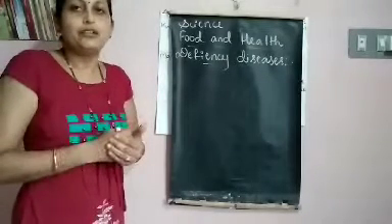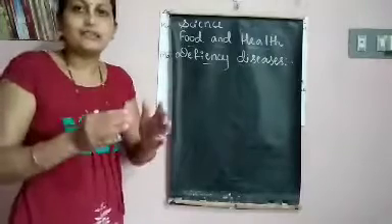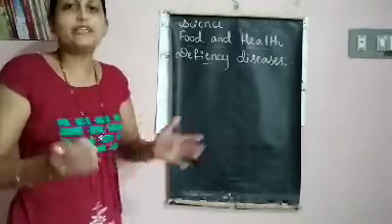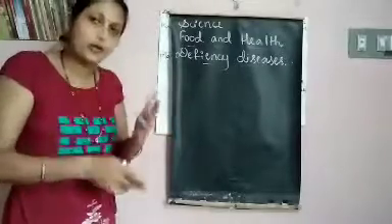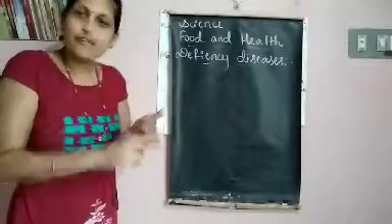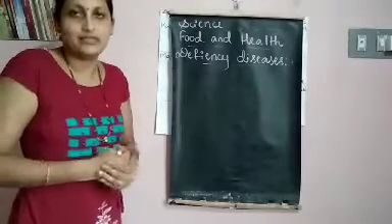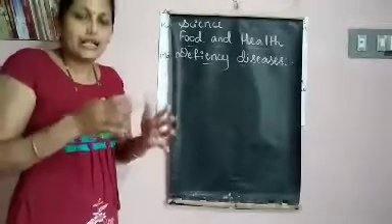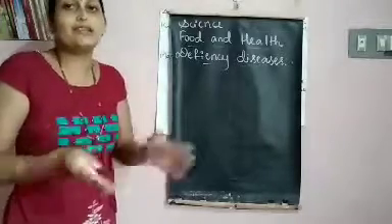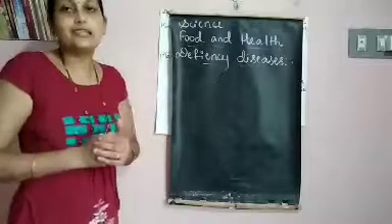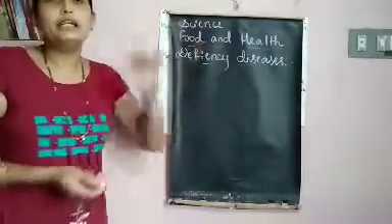Then they get diseases caused by the lack of protein. In the same way, they may eat food rich in carbohydrate, protein and fats, but not get food rich in vitamins and minerals. So they have the chance of getting diseases related to the lack of a particular vitamin. Such diseases are called deficiency diseases.